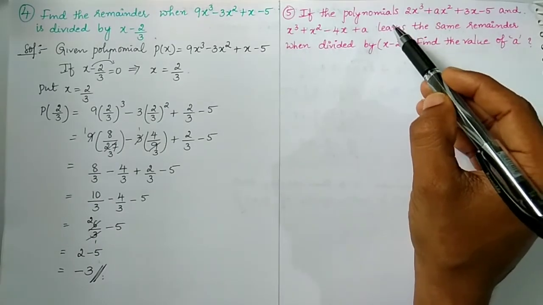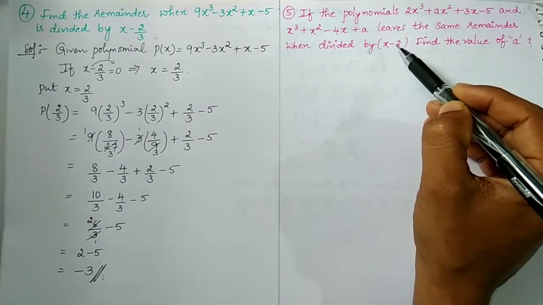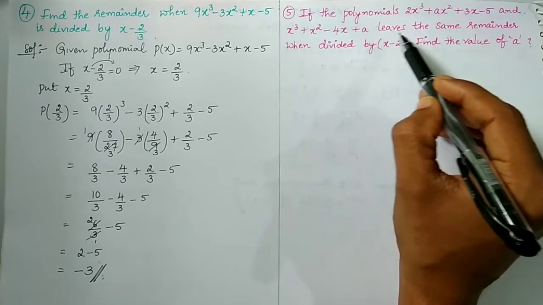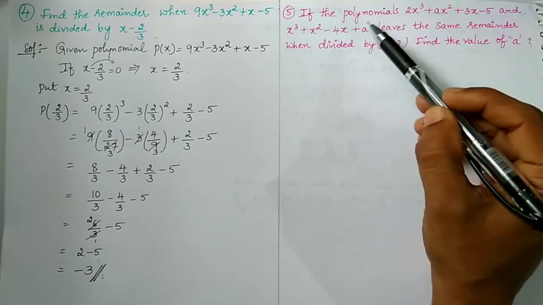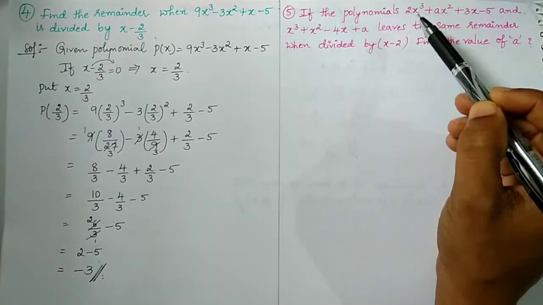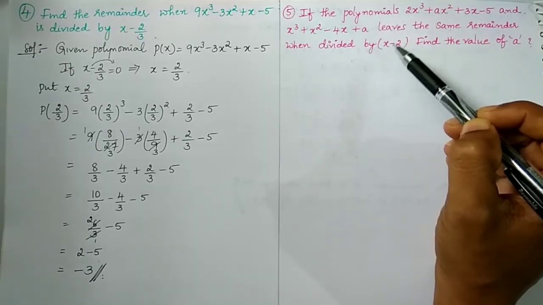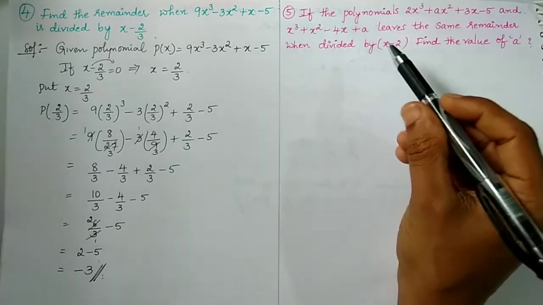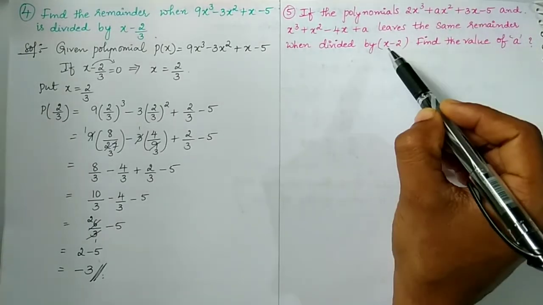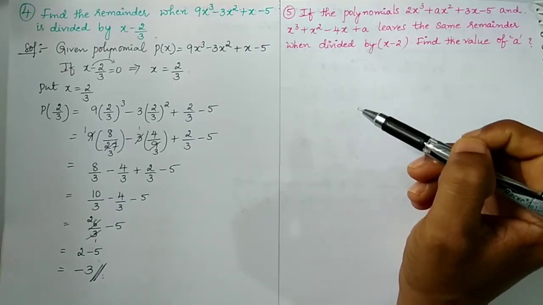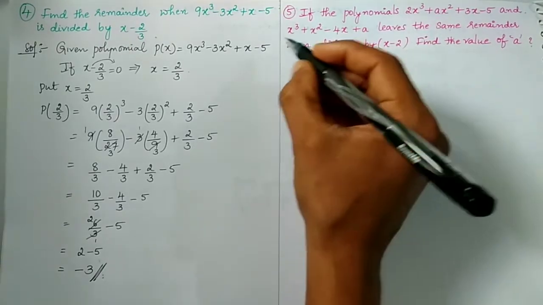If I divide these two polynomials with a linear polynomial, x minus 2, the remainder will be the same.